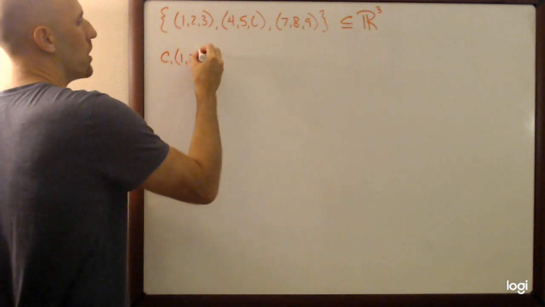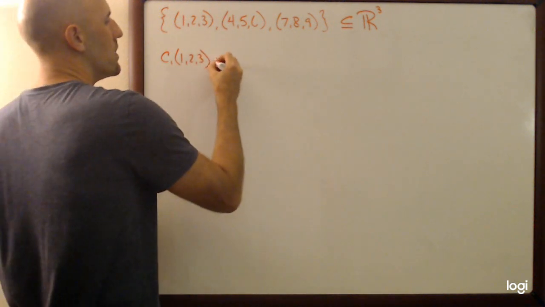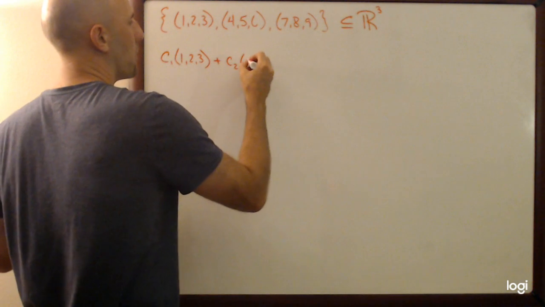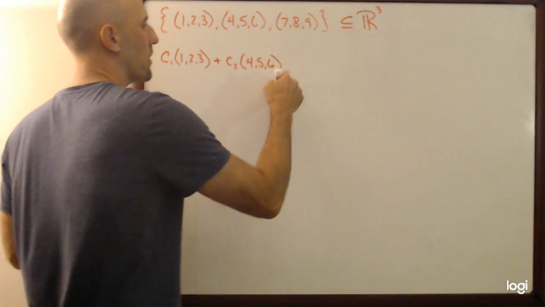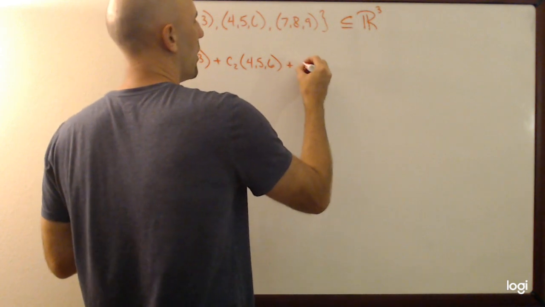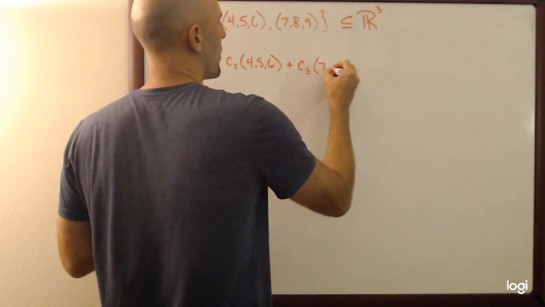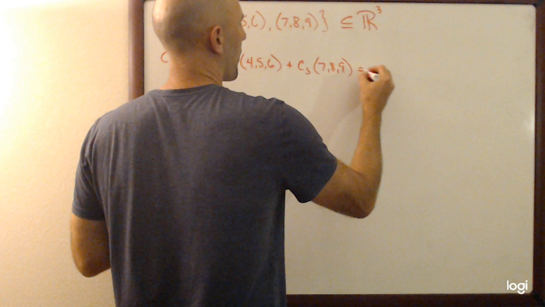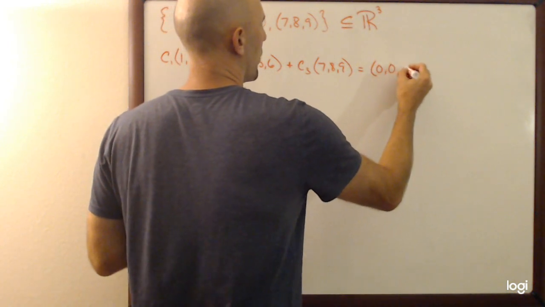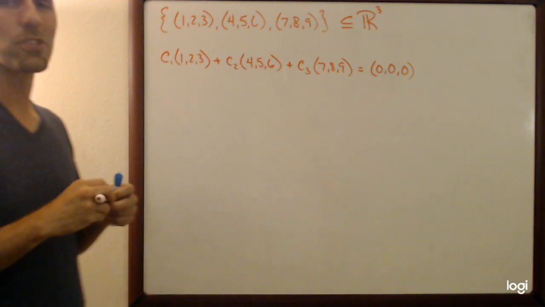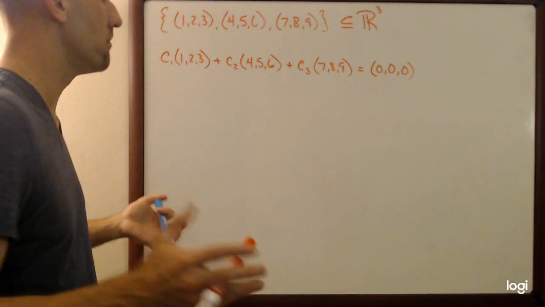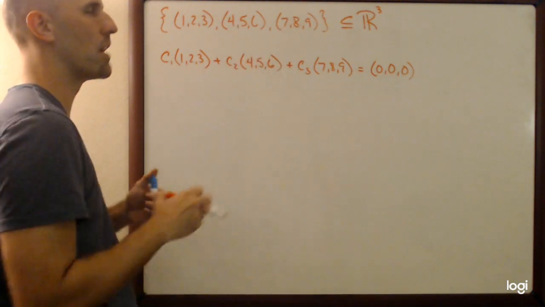What if you took the equation C1 times my first vector plus C2 times my second vector plus C3 times my third vector is equal to my 0 vector? What kind of solutions does this have? I know it's got C1, C2, C3 all 0, but does it have more? Well, let's see.